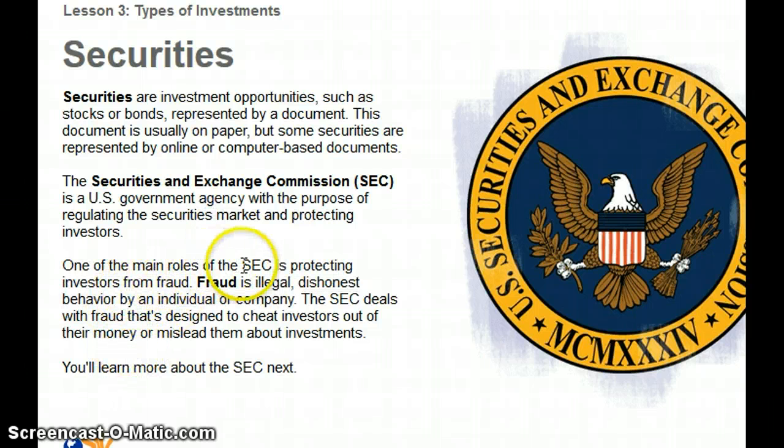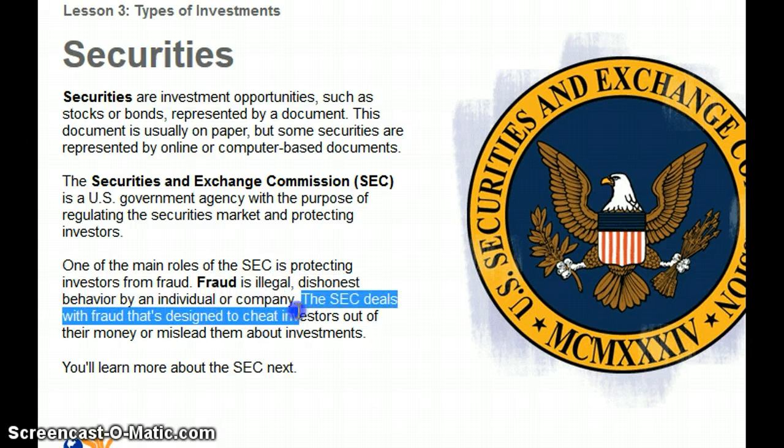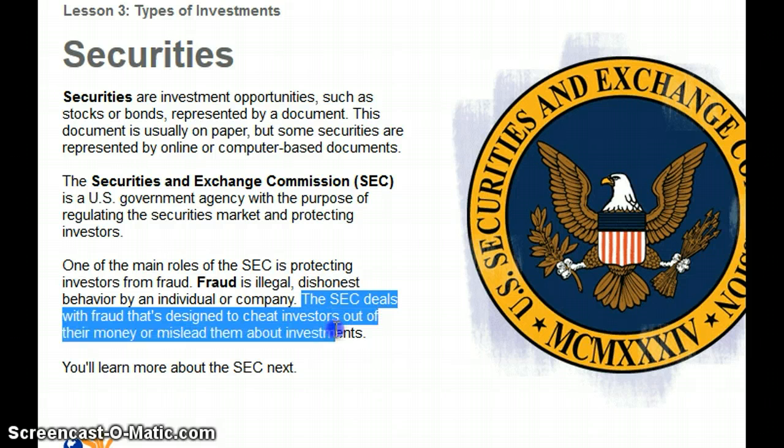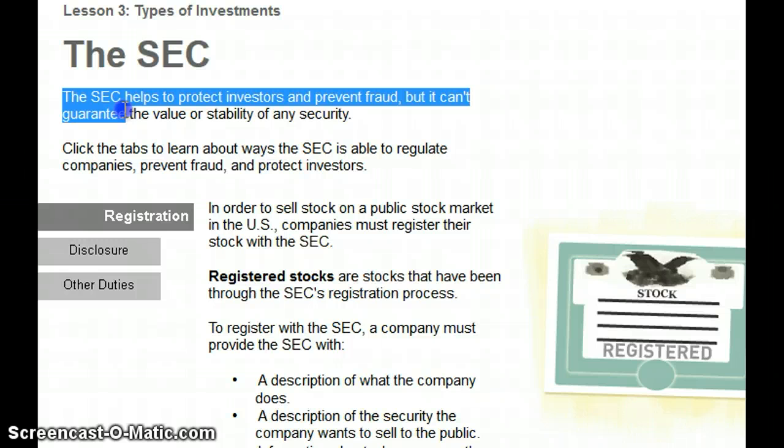One of the main roles of the SEC, again, is protecting investors from fraud. Fraud is illegal, dishonest behavior of an individual or company. The SEC deals with fraud that's designed to cheat investors out of their money. The SEC helps to protect investors and prevent fraud, but it can't guarantee the value or stability of a security.